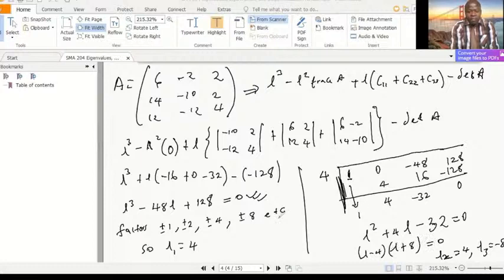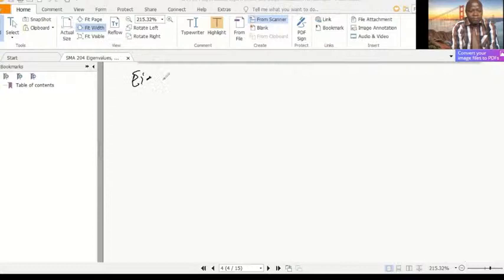So lambda 1 was 4, lambda 2 is 4, and lambda 3 is negative 8. Those are the eigenvalues. So we found lambda 1 is 4, lambda 2 is 4, and lambda 3 is negative 8.